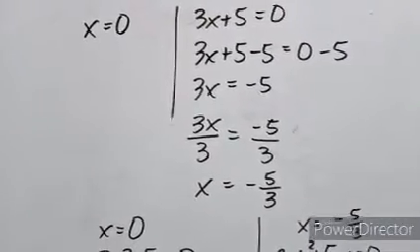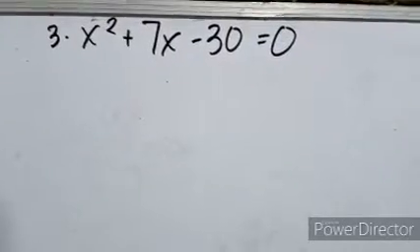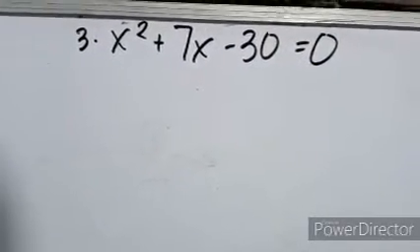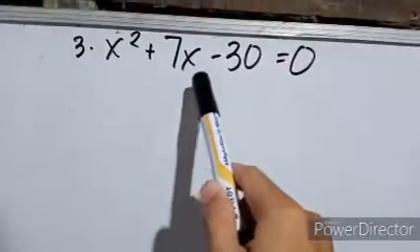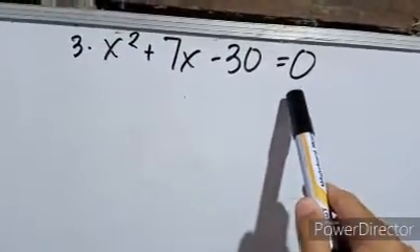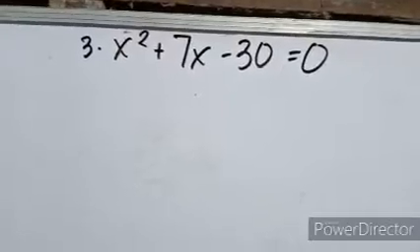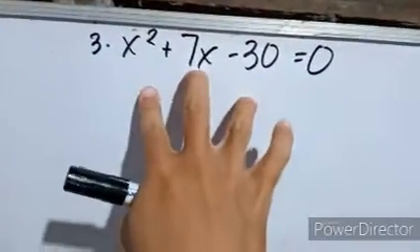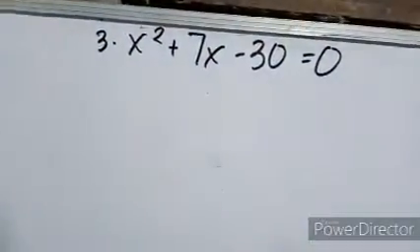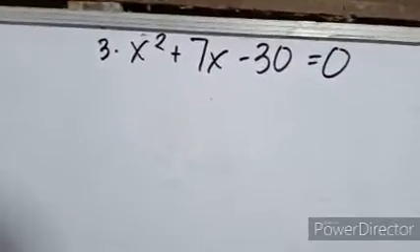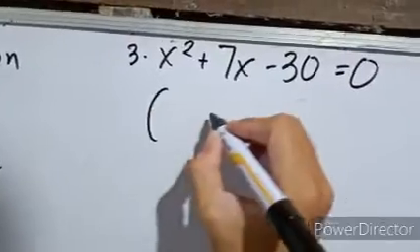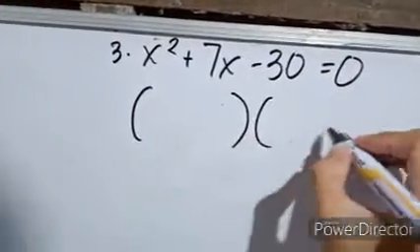Sunod na natin ay ang number 3. Next na natin number 3, which is x squared plus 7x minus 30 equals 0. So, observe natin, tatlo na siya or tatluhan na. We have a trinomial. So, anong gagawin natin dito? So, fa-factor na natin siya into two binomials.